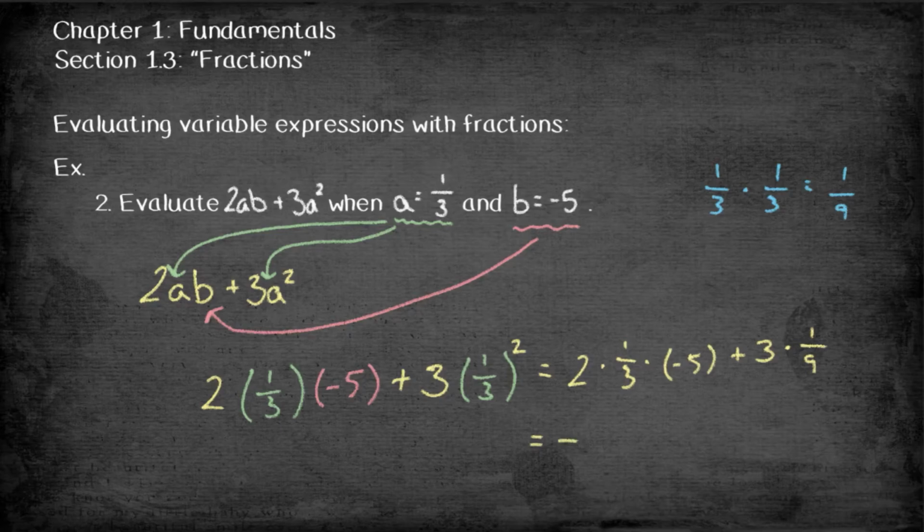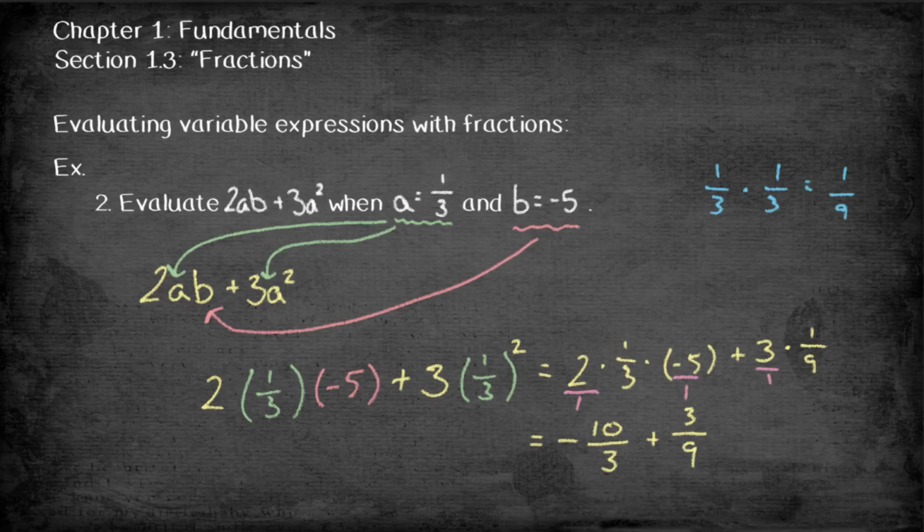And keep in mind, right, we can always think of whole numbers as secretly fractions with a denominator of 1. 2 times 1 times -5 gives me the -10. 1 times 3 times 1 is, of course, 3. And then I'm going to be adding, secret 1 again, 3 over 1 times 1 over 9. Should be 3 over 9.